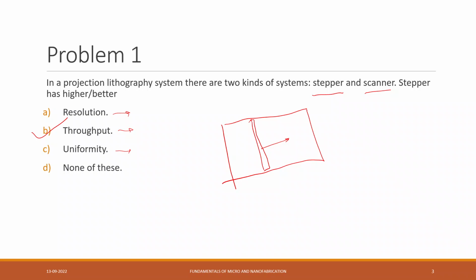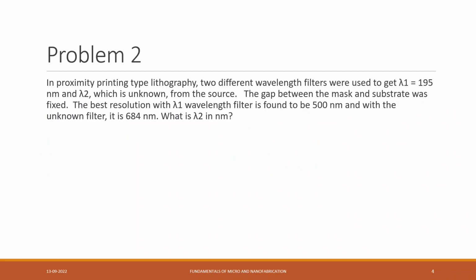Okay, let's move to the next one. This is a numerical, so I hope you have calculators or a mobile; you can use them. This question is from proximity printing. Two wavelength filters were used: lambda 1 was 195 nanometer and lambda 2 is unknown.